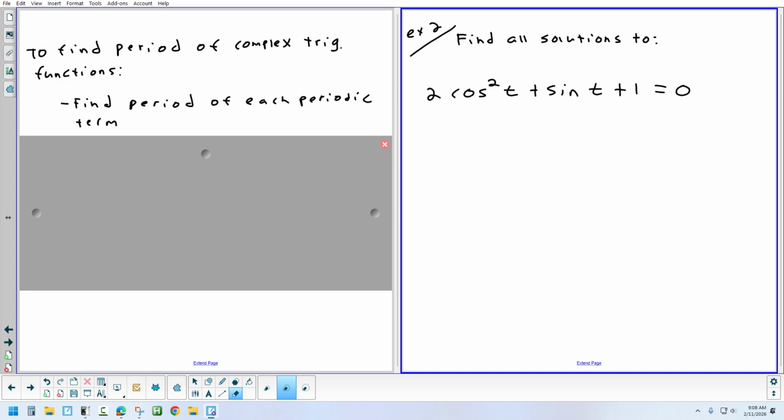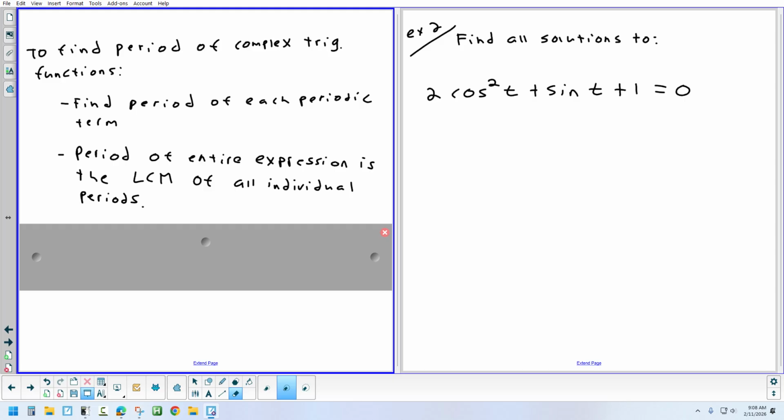2. So, can you tell me what the 2 periodic terms are? 2 cosine squared t and sine t. Yep, those are the 2 periodic terms. So when I say find the period of everything that's periodic, I mean the trig functions. 1 is a constant. That doesn't have a period to it. So find the period of each periodic term. And then once you find those, the period of the entire problem is the least common multiple of the individual periods.